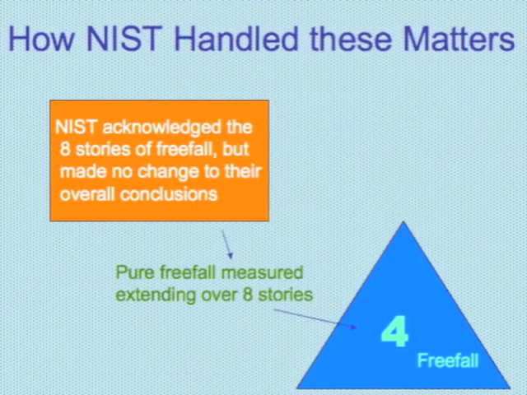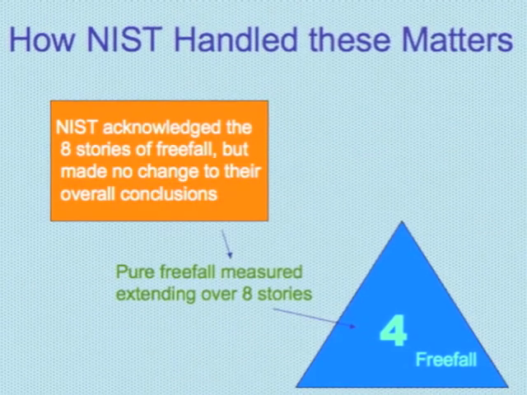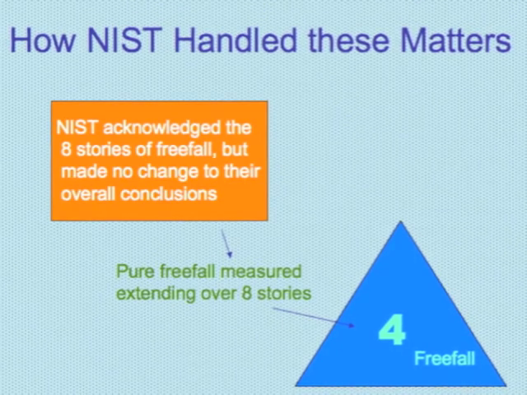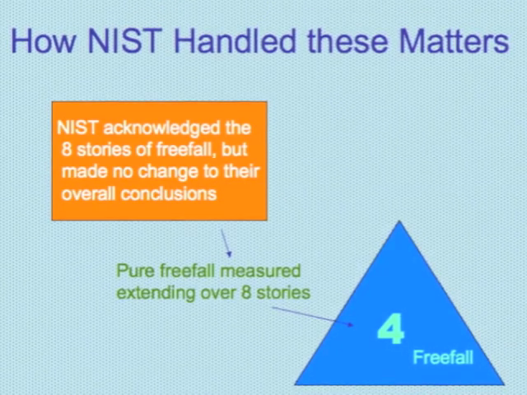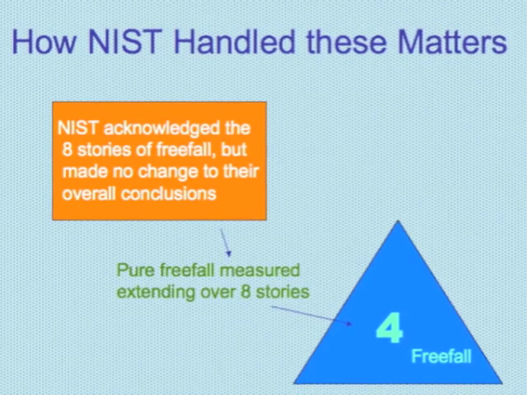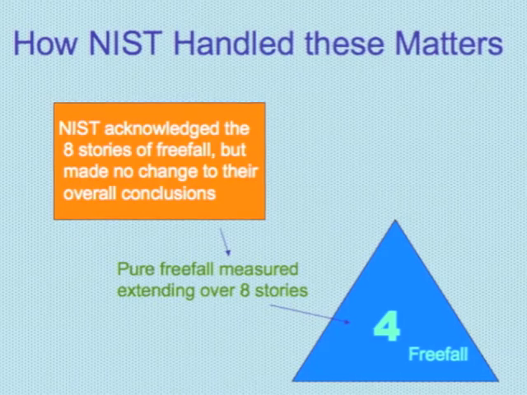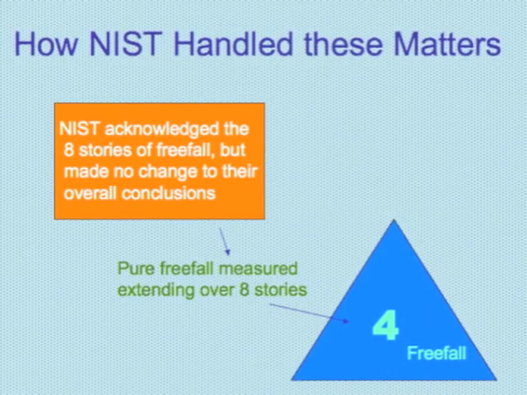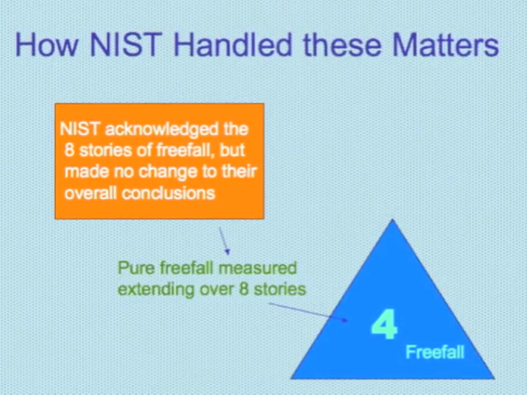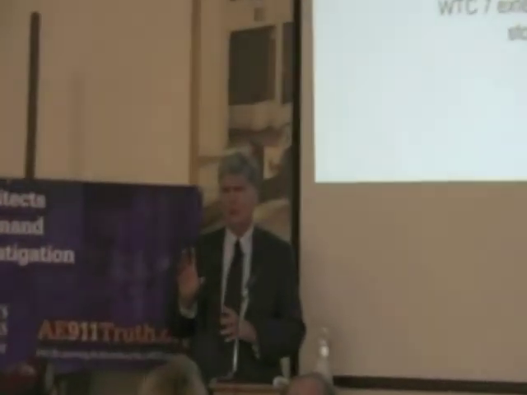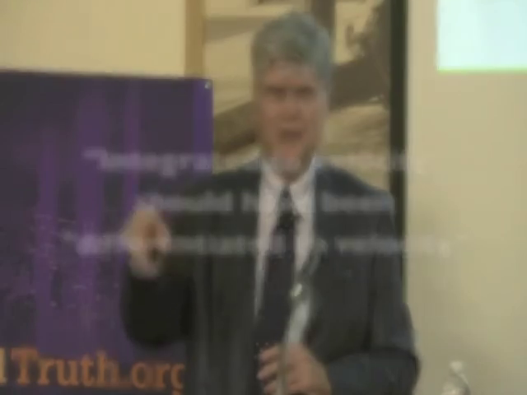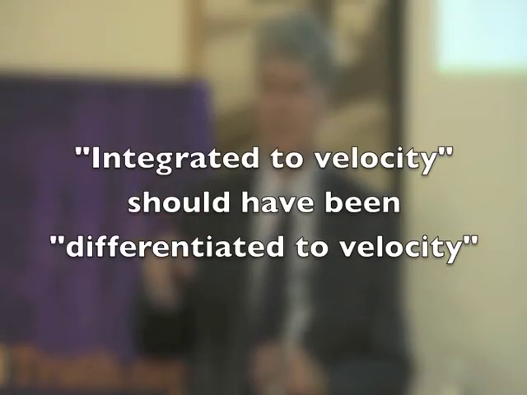Okay, when it comes to the free fall, NIST had said for years that the building came down 40% slower than free fall. They were basically pushed into a corner by one of the independent researchers, David Chandler. He's a physics teacher. He made a video that showed precisely, he measured each pixel as the building came down and converted that to position and then integrated it to velocity and finally acceleration.